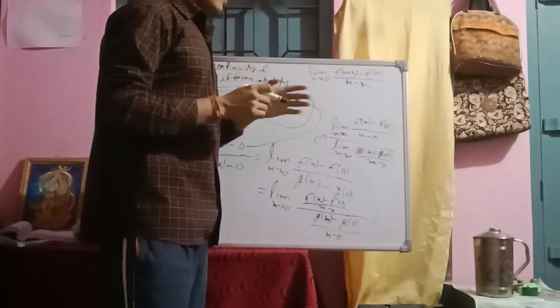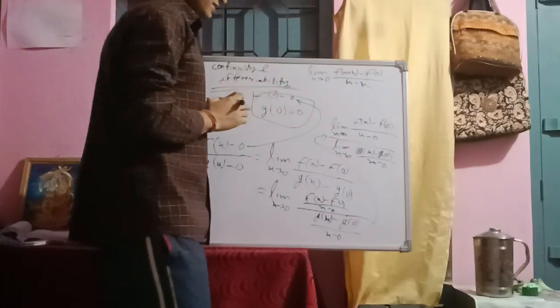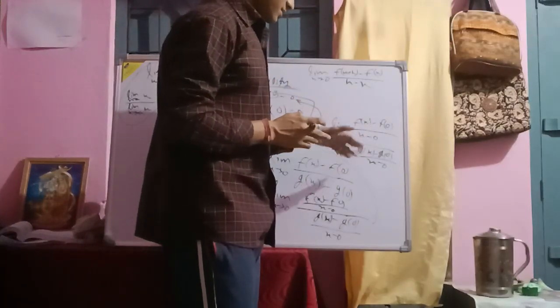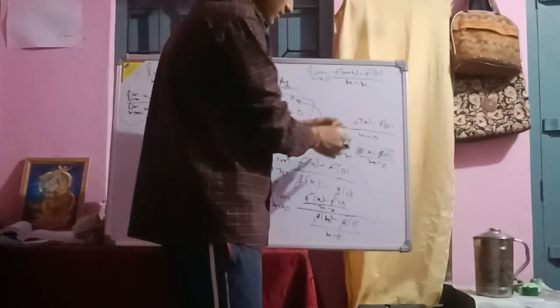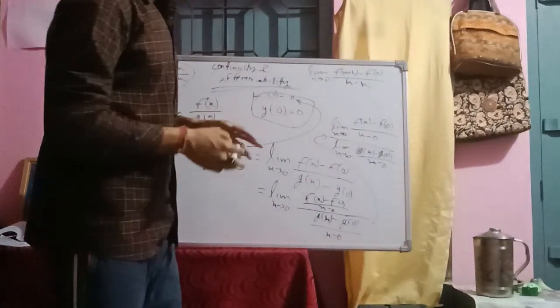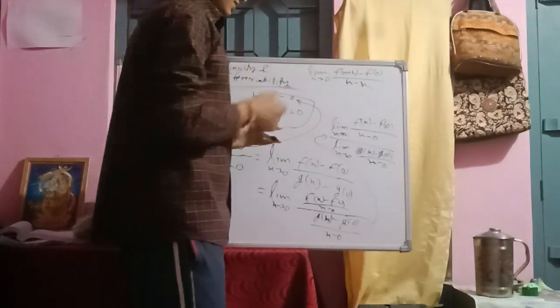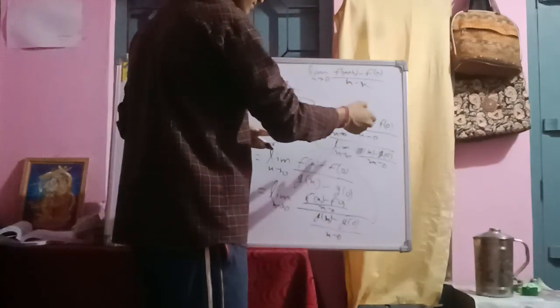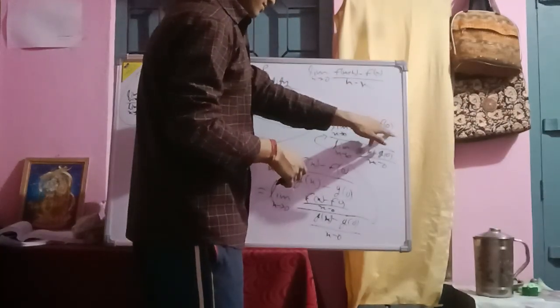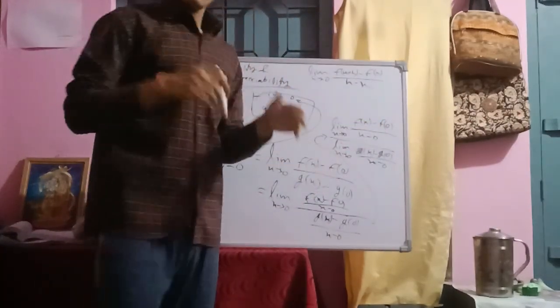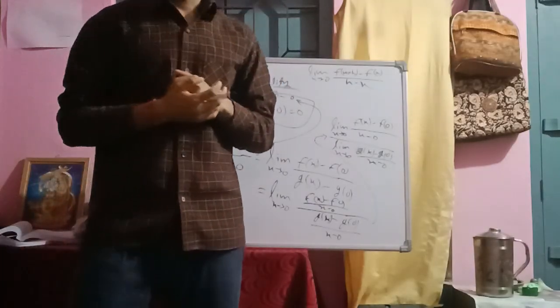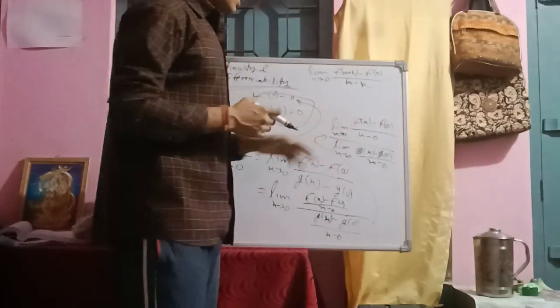So what we actually did here is that this is basically the formula of differentiation, where the base value, the point from which we are calculating the rate of change, is point 0.